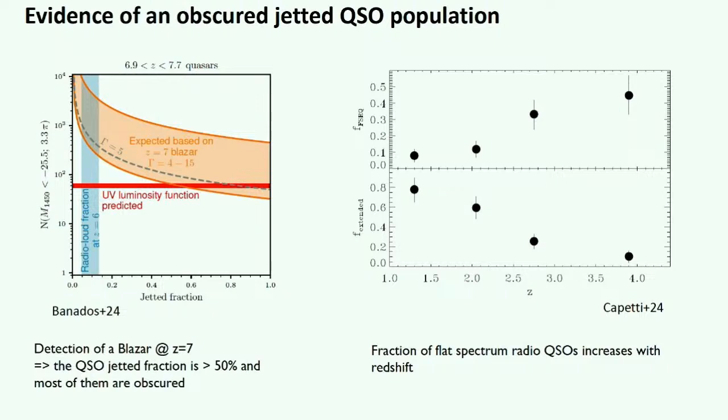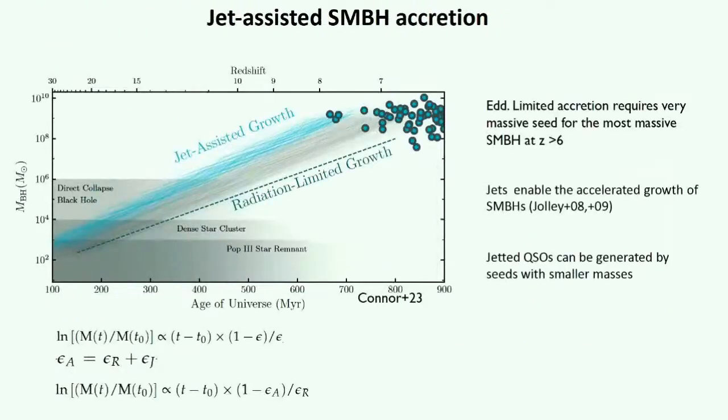So the idea is that most of the slightly misaligned objects are not detected, and the solution for this is again probably obscuration. So we have a scenario where a large fraction of the most massive black holes in the high redshift universe have a jet, and they are accreting and they are obscured.